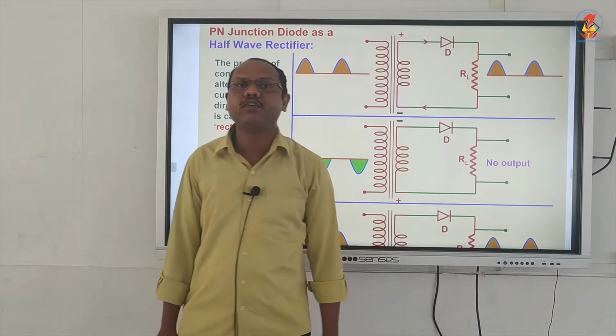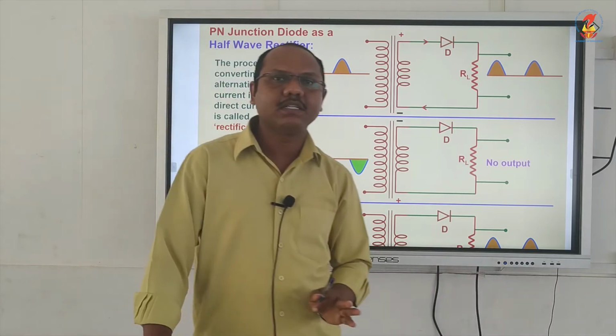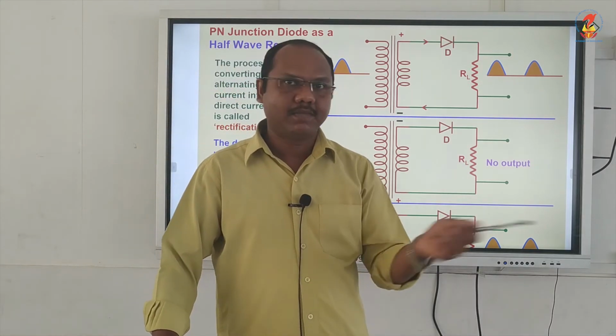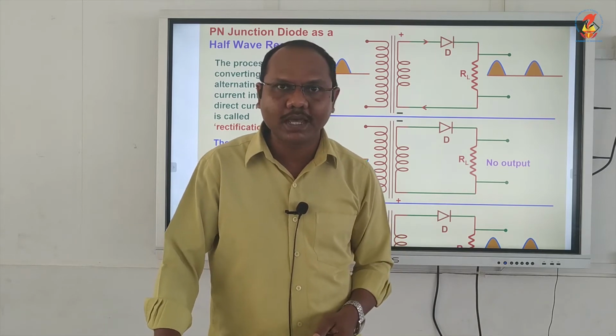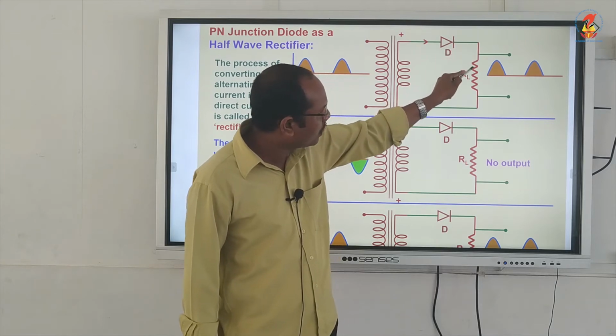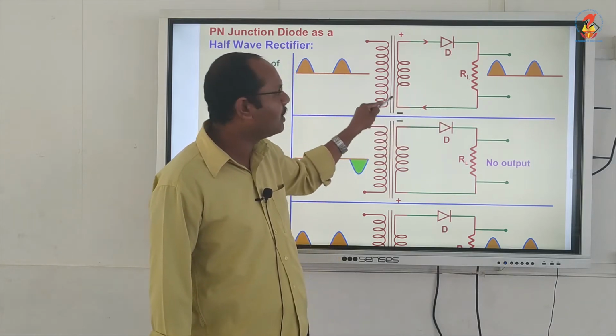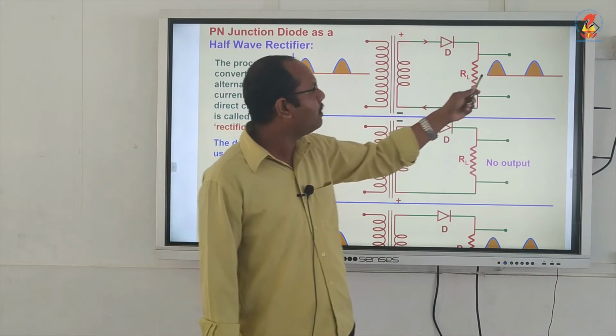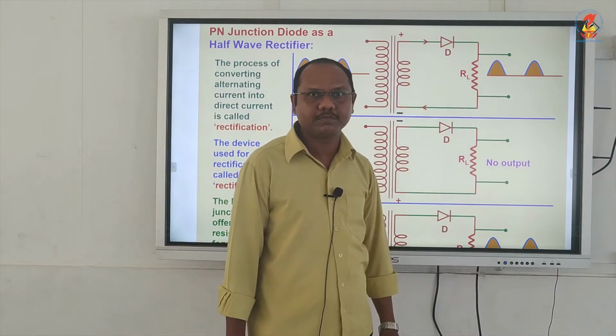So this diode is in forward bias. And when the diode is in forward bias, the current starts flowing through the diode. The current flows through the diode and through the load resistance RL, completing the circuit. So you will get the output.